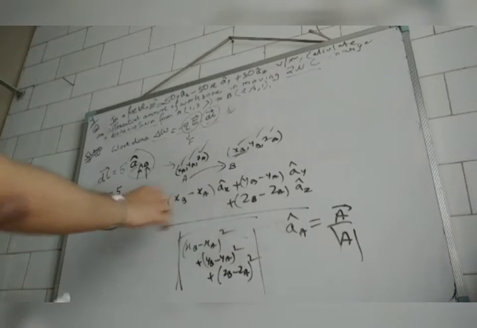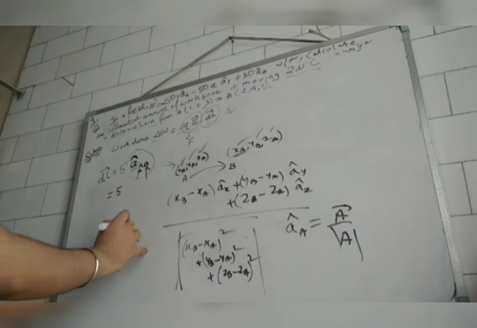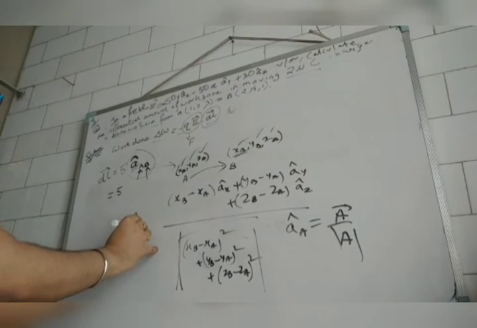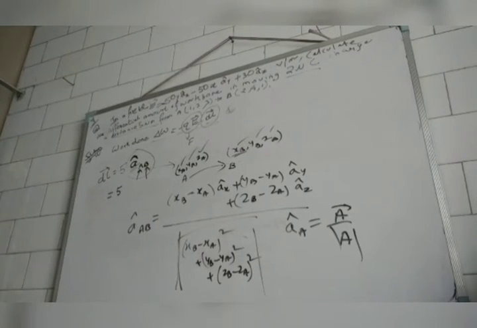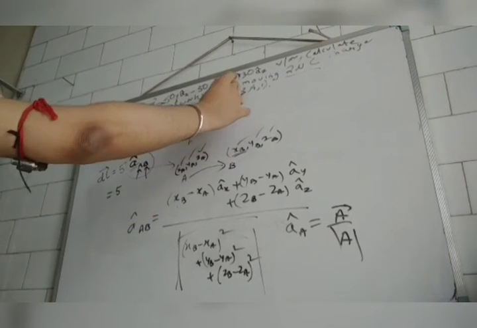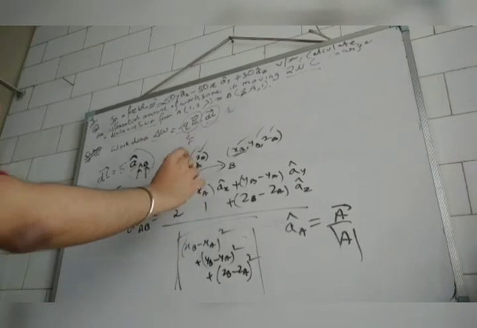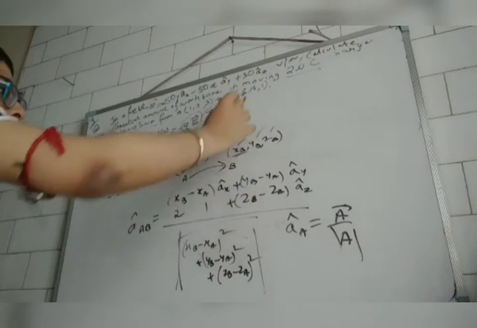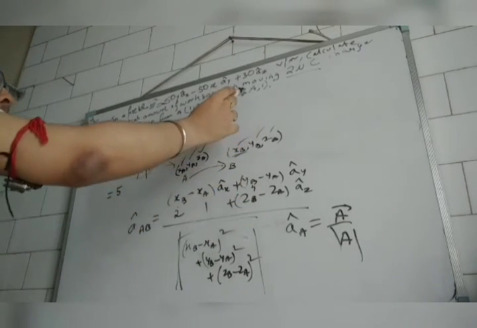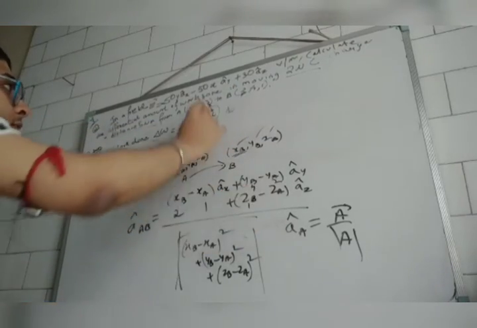So if you follow this procedure, then this is basically our A cap AB. Now if you calculate this, what is my xb here? Xb is basically this 2, and xa is 1, yb is 4, ya is 2, zb is 1, za is 3.